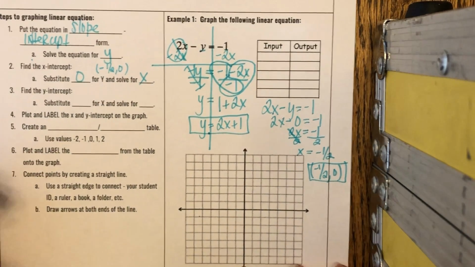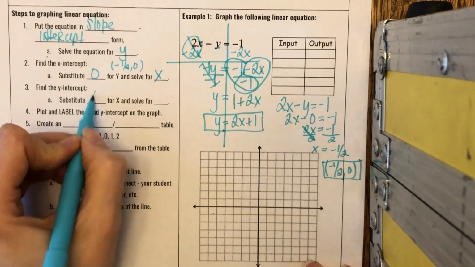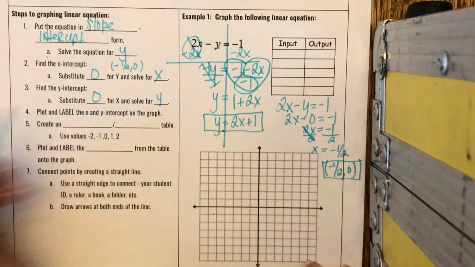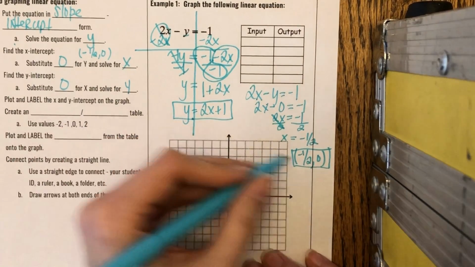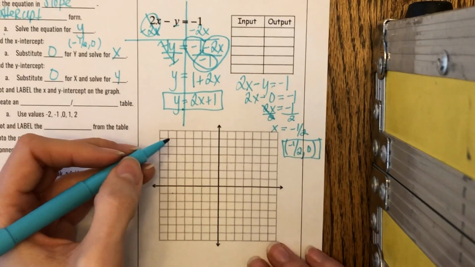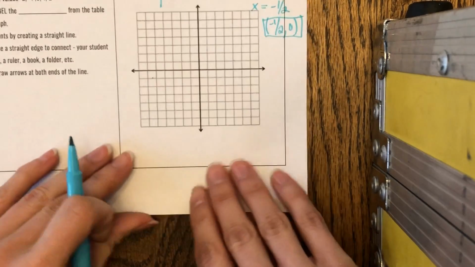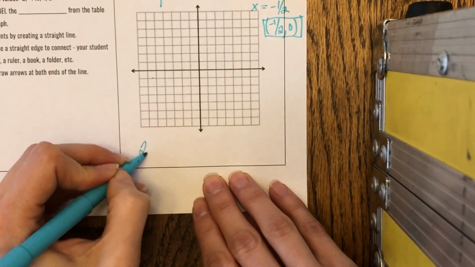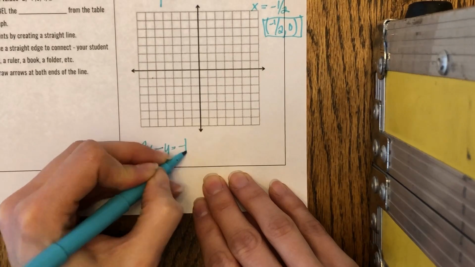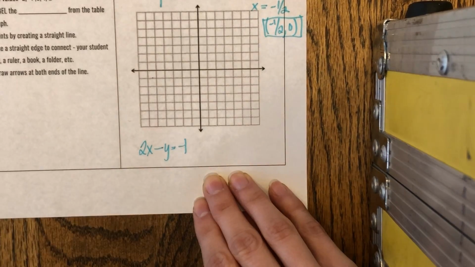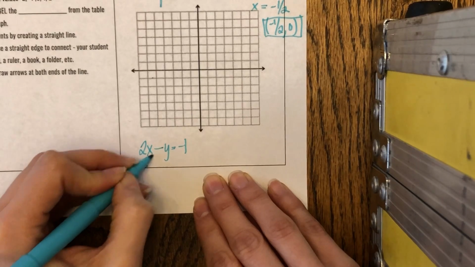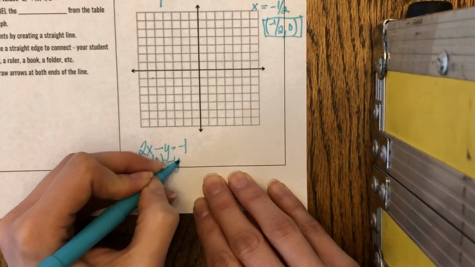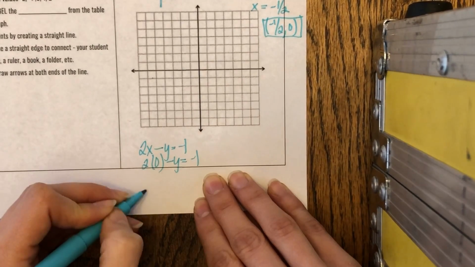Now to find the y-intercept, step 3 says to substitute 0 for x, solve for y. So let's do that again. If I substitute 0 for x, let's use the original once more. I'll use this space at the bottom. So I've got 2x minus y equals -1. And I need to substitute into the original. So I'm going to substitute 0 for x. I've got 2 times 0 minus y equals -1. 2 times 0 is 0.